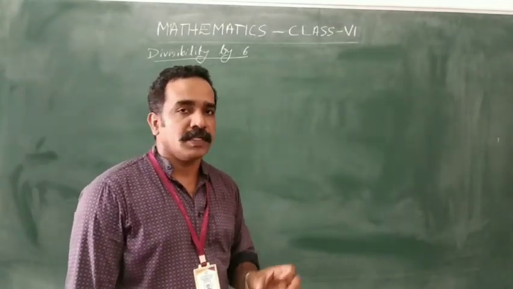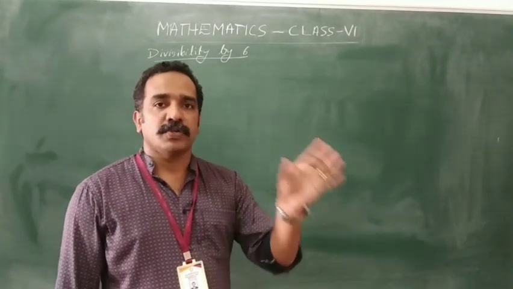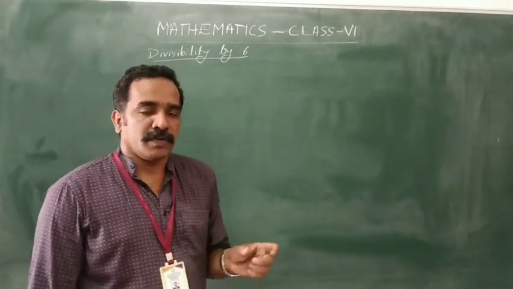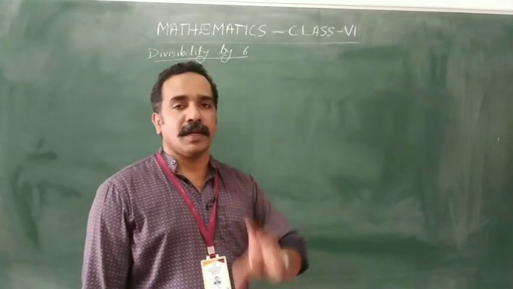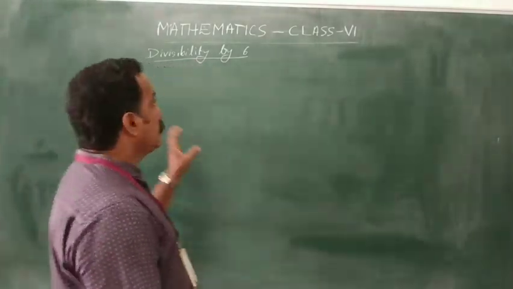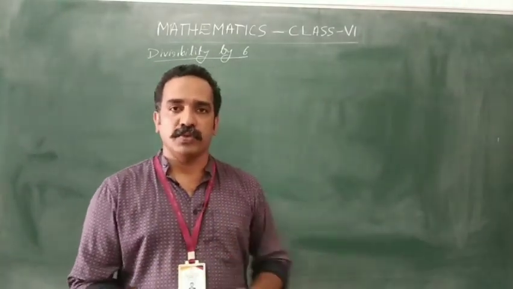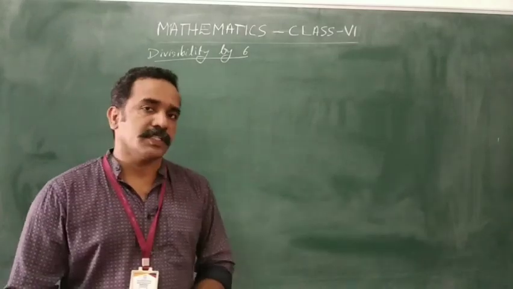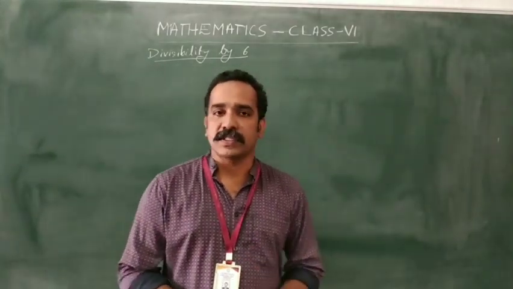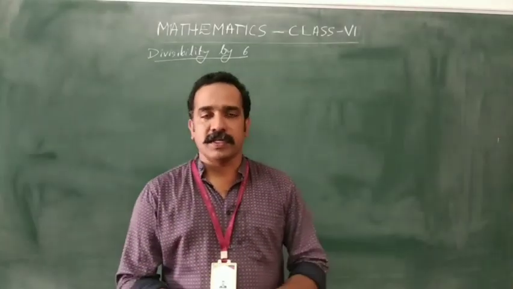Divisible by 6 means whenever we divide that number by 6, it should not leave any remainder. We could divide it completely. So to check that, we have to check the divisibility by 3 and 2. That is the divisibility test for 6. There is no other extra divisibility test.